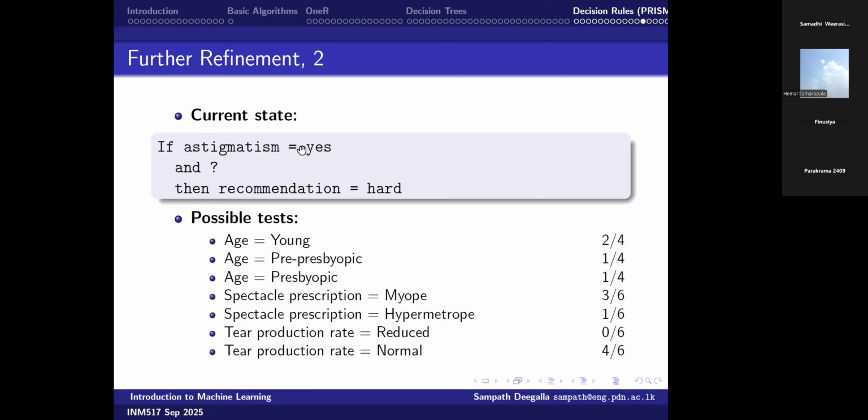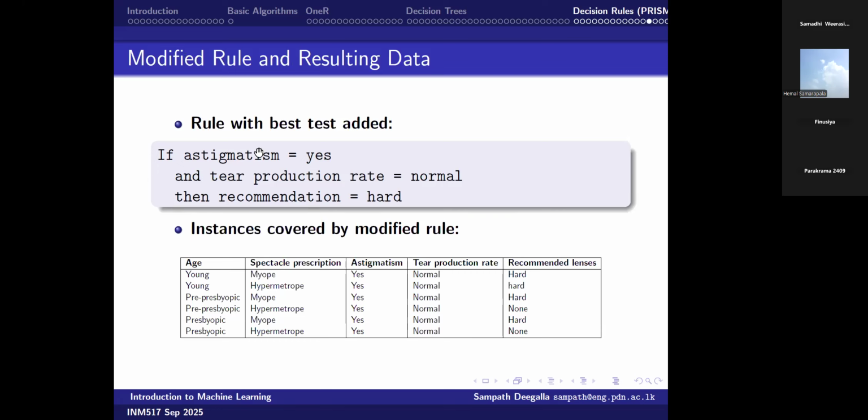Then with astigmatism yes, it went down to 12. Now with this one, it goes down to 6. So you add the rule: if astigmatism yes and tear production rate normal, the recommendation is hard. But remember, the rule accuracy is still not 100% accurate, but we get 4 out of 6. We are getting about 66%.